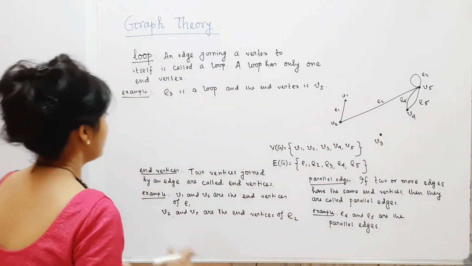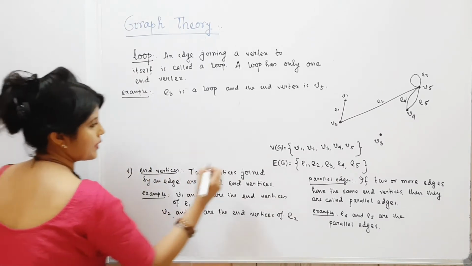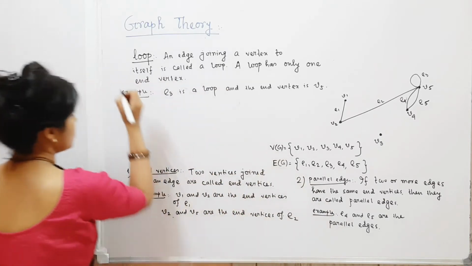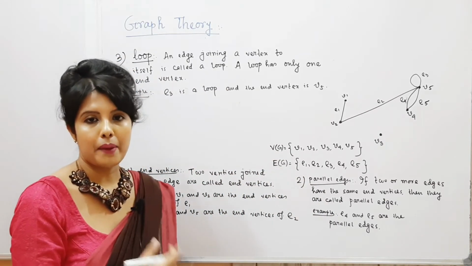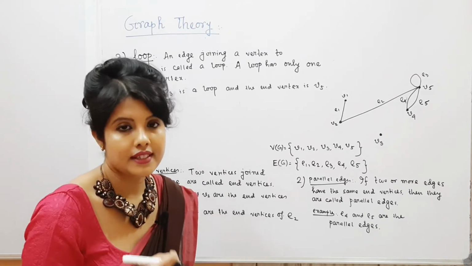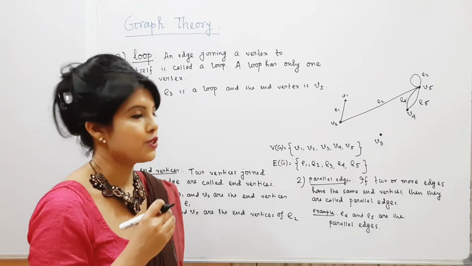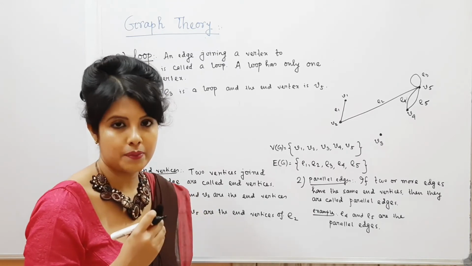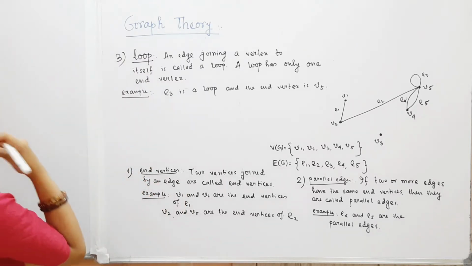Okay, now next, so this is number 1, this is number 2, this is number 3. Actually these terminologies will appear again and again when you are going to read this graph theory in detail. Okay, that's why it is necessary to make it very easier for you.